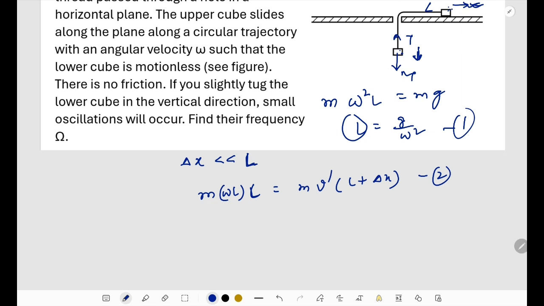So its velocity is equal to 0 and its kinetic energy is 0. So the total mechanical energy of the system at this moment becomes half m v dash square plus its gravitational potential energy, which has increased by delta x. This can be written as mg delta x.